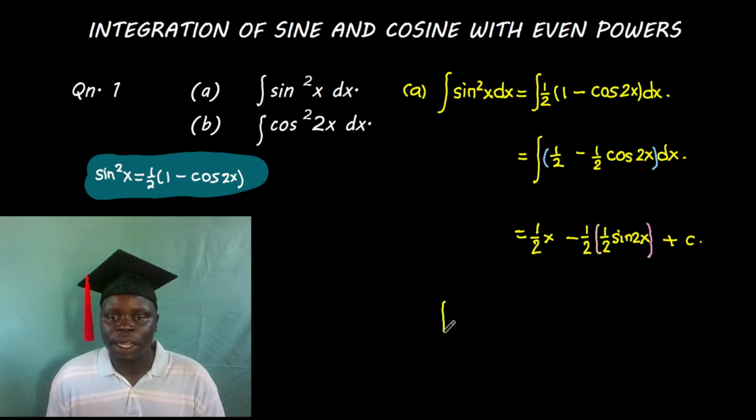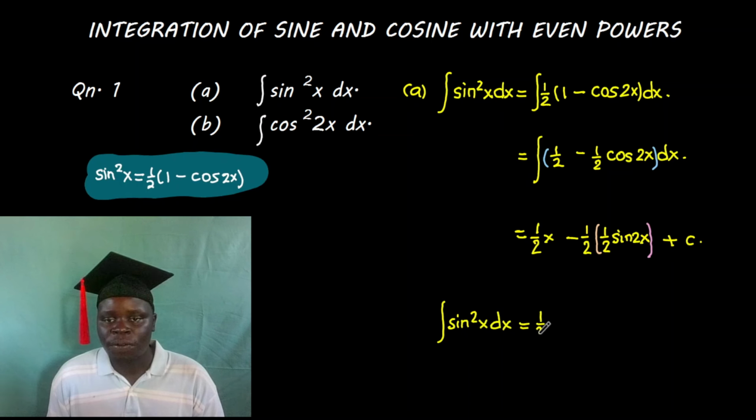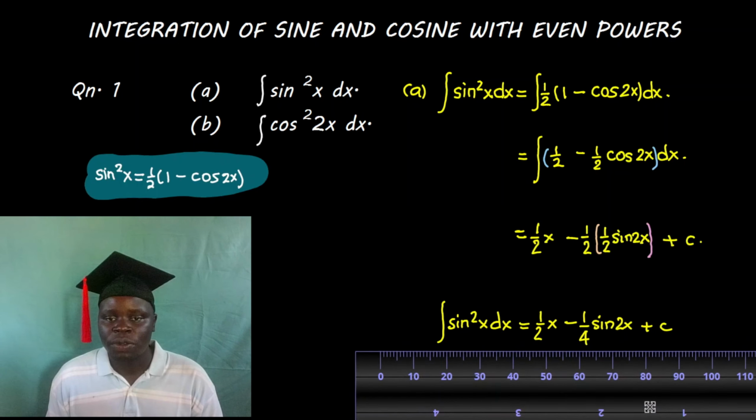The integral of sine square x is 1/2 x minus, opening up this bracket, 1/4 sine twice x, plus the constant of integration, and that is the solution to the first question here.